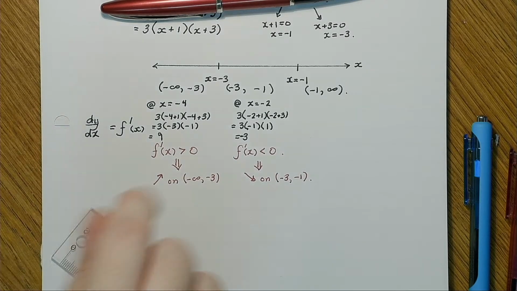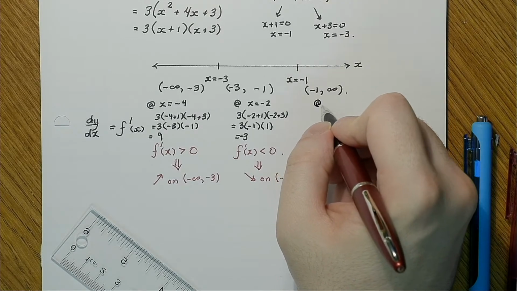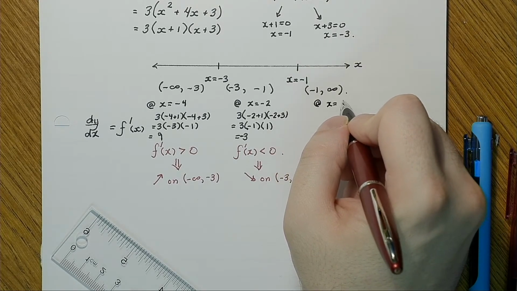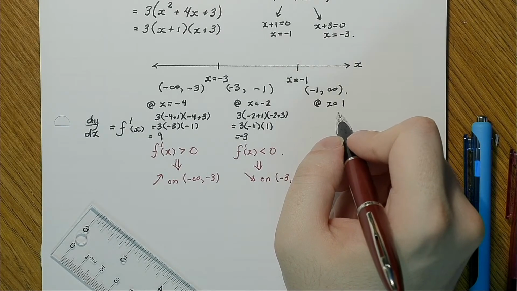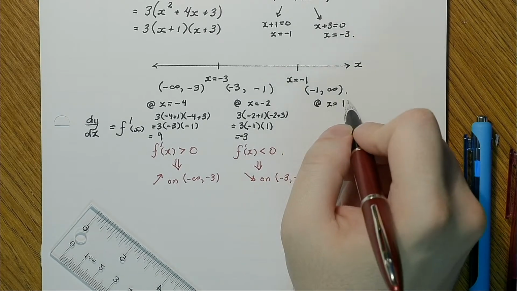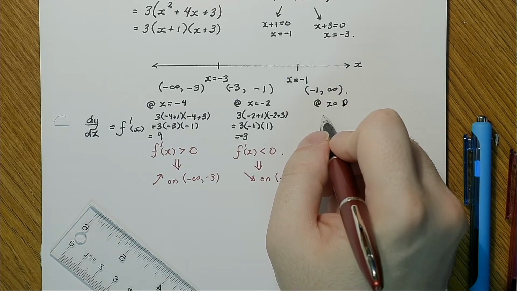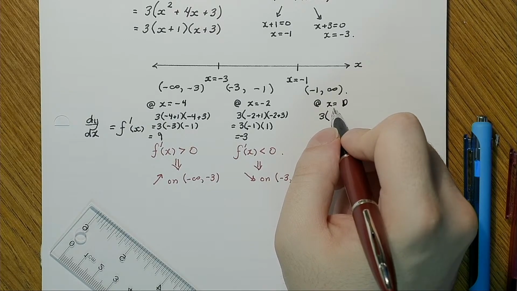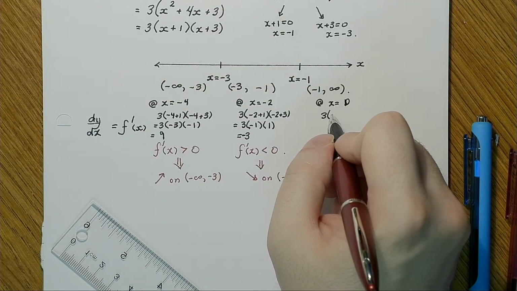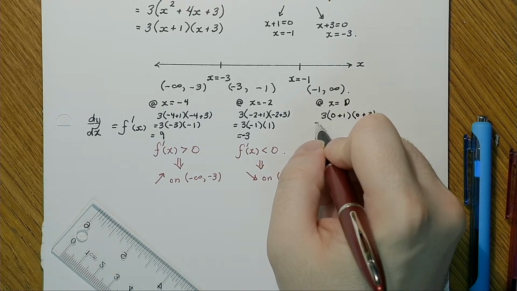And then we have x equals 1. Oh, no. I'm going to do this much easier. I'm going to pick a 0. So I got 3 times, and then I have 0 plus 1 times 0 plus 3.